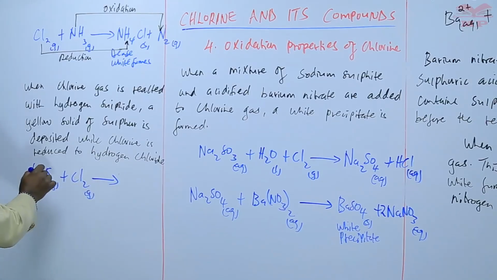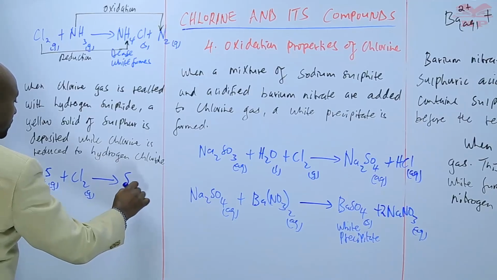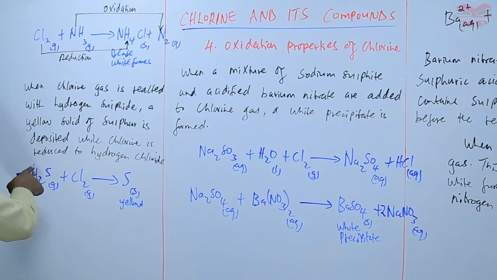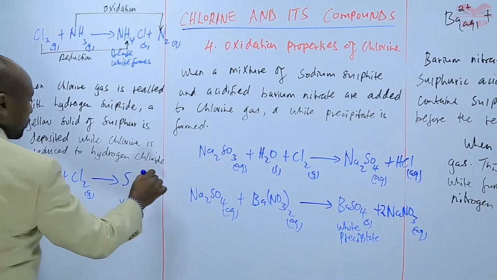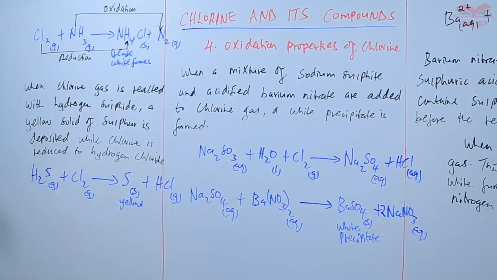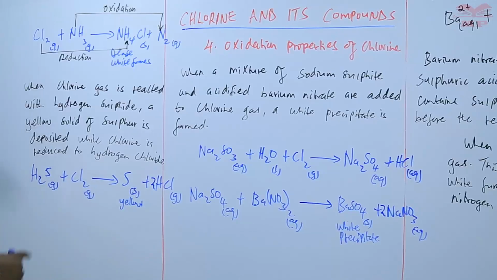So the hydrogen sulfide loses the hydrogen to form sulfur, which is a yellow solid. And then the hydrogen combines with chlorine to form HCl gas, to form hydrogen chloride gas. So to balance that, we'll put a 2 there, and that equation is balanced.